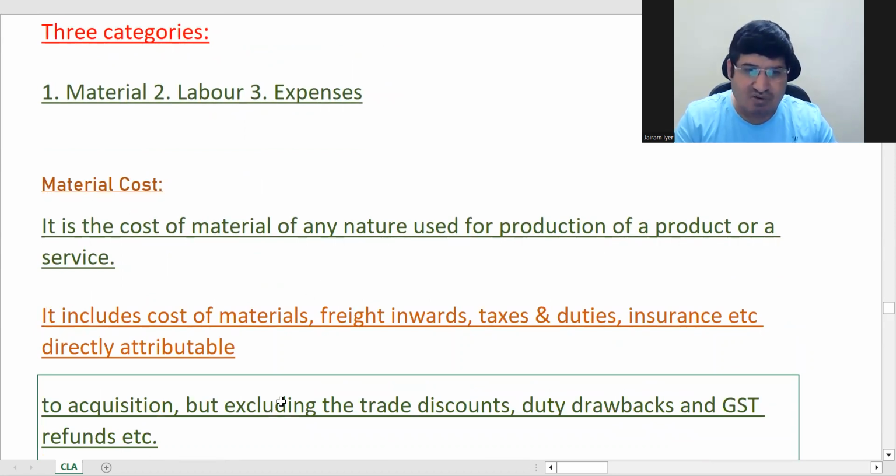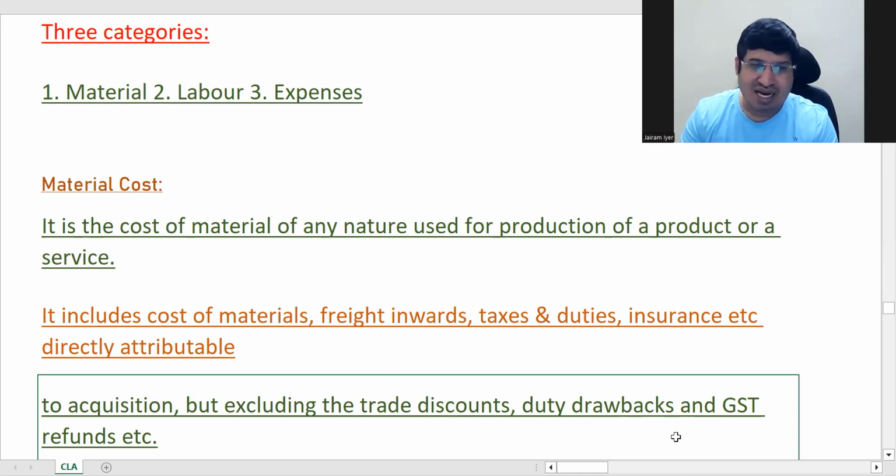But you have to exclude certain things. Trade discount should not be a part of the material cost. Duty drawback is any duty which you did not have to pay eventually, so it will reduce your cost, which is why you will always see cost post duty drawback.